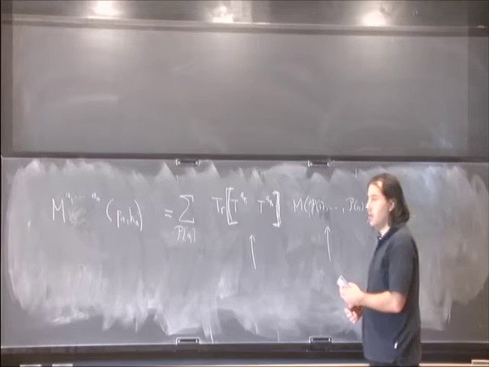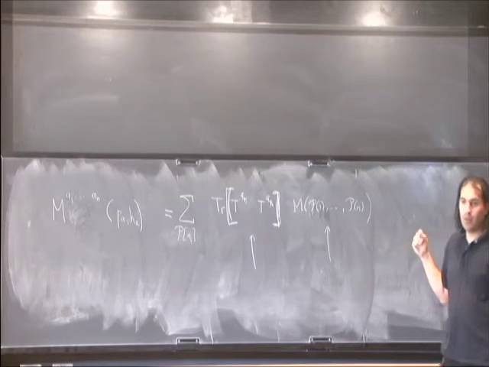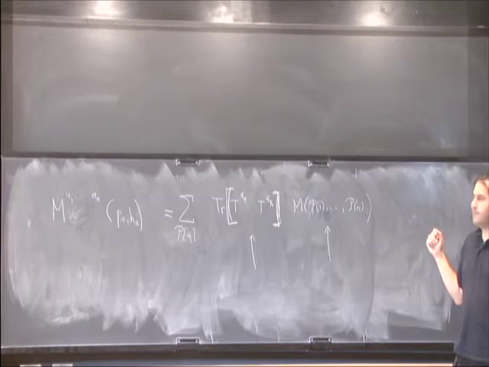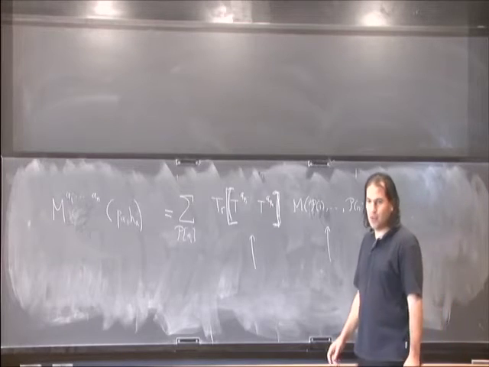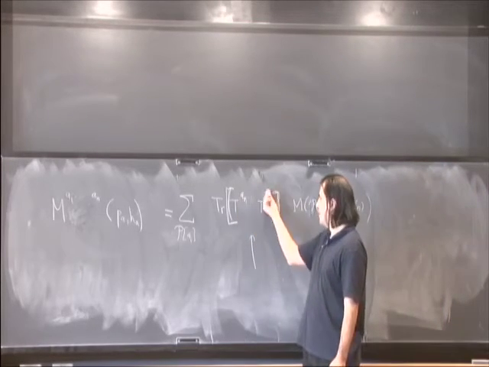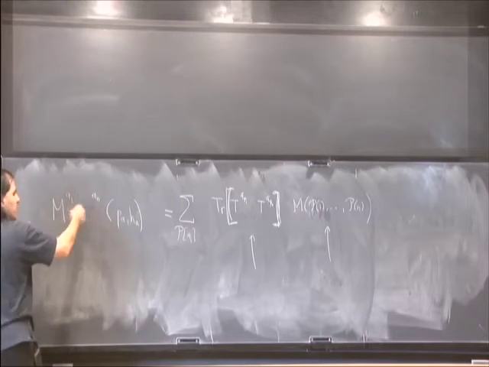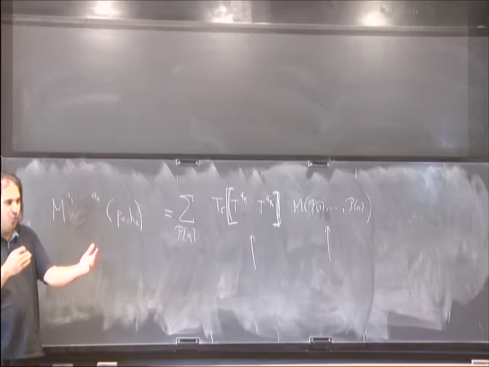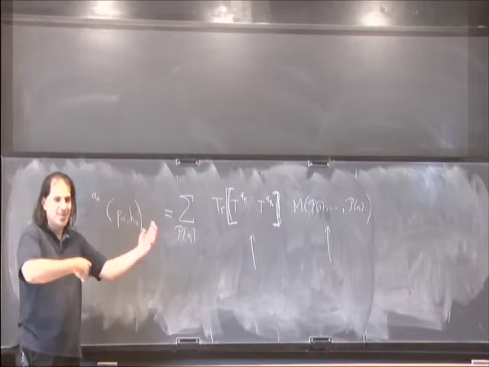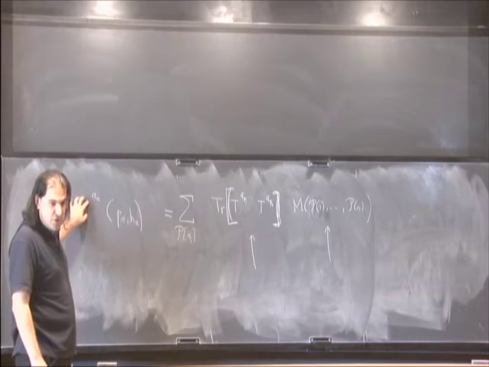Those A_P1 to A_Pn are just permutations. That's right. You would expect permutations to be important because these particles are bosons, so we will necessarily be summing over all permutations of these.